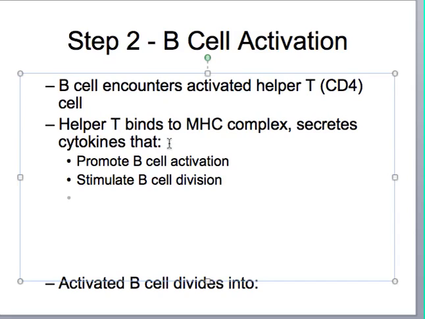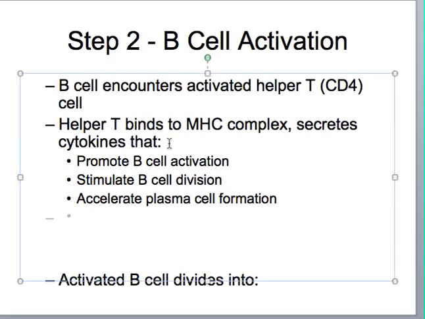They're going to accelerate plasma cell formation. Plasma cells are the cells that produce antibodies, and they're going to enhance antibody production.